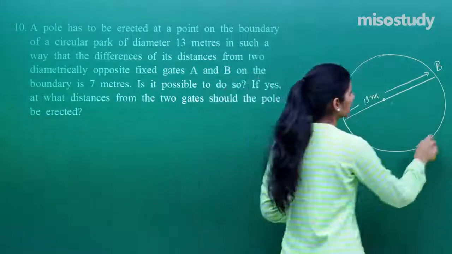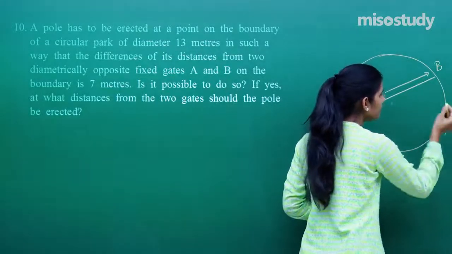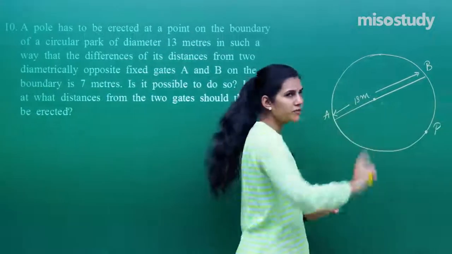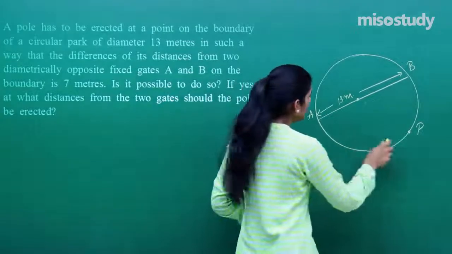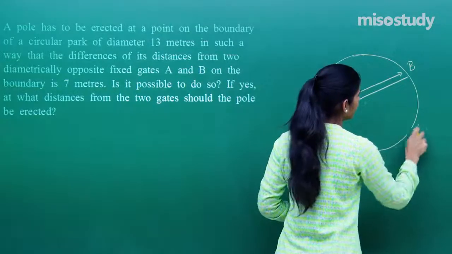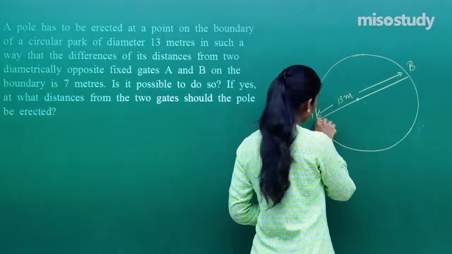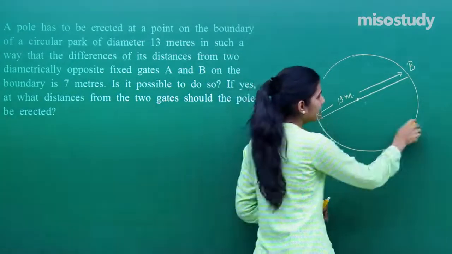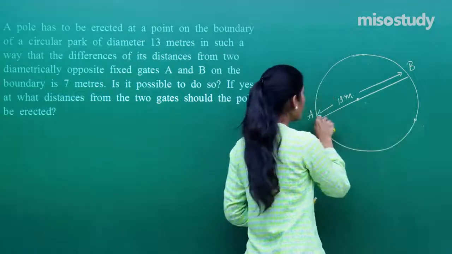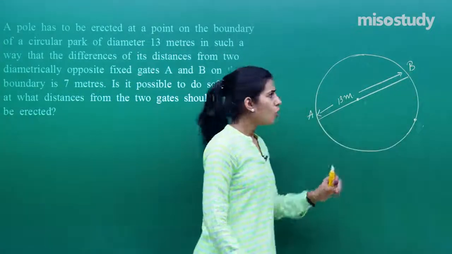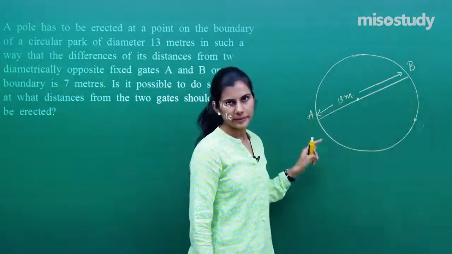That means, suppose this is the point where the pole is lying somewhere on the boundary of this circular region. Let me mark it like this. Then you measure that pole's distance from A and B, which are opposite points of this diameter.